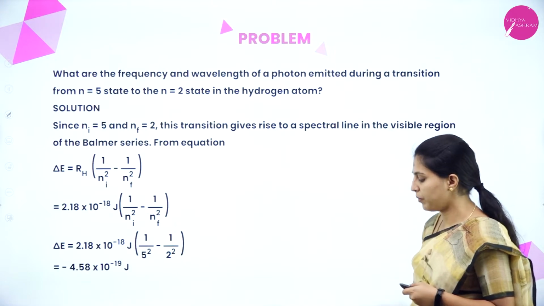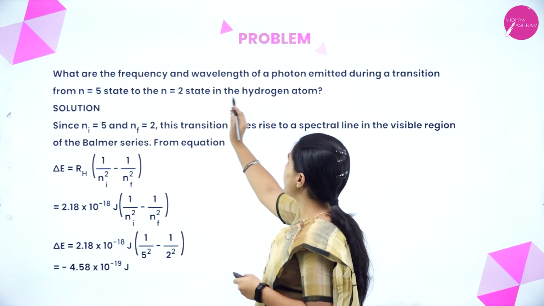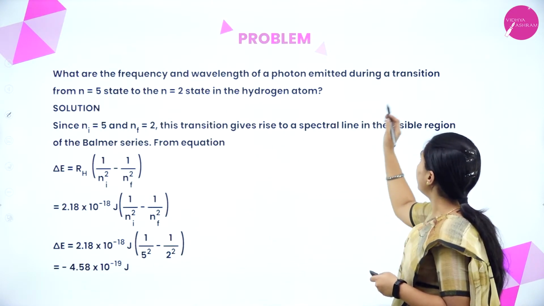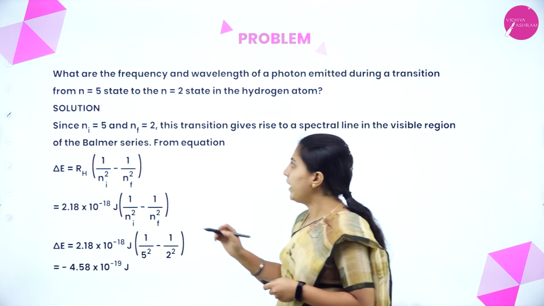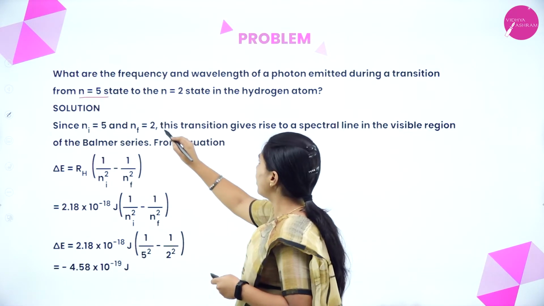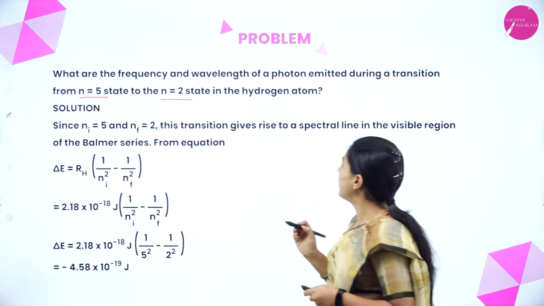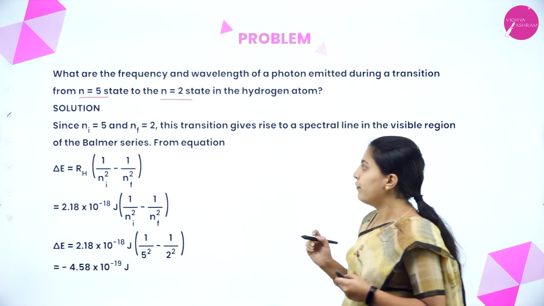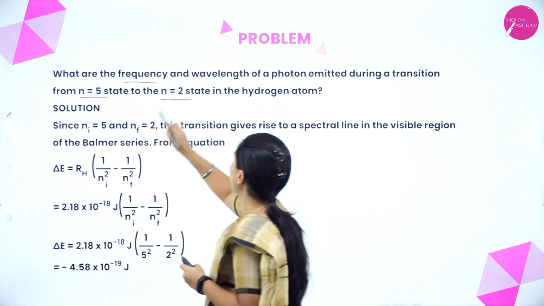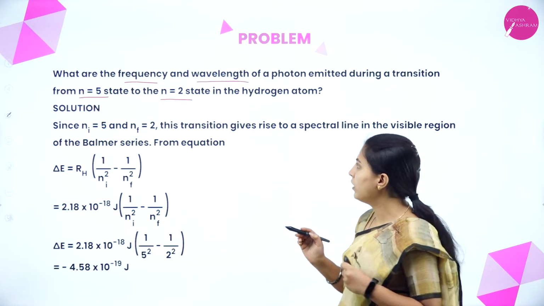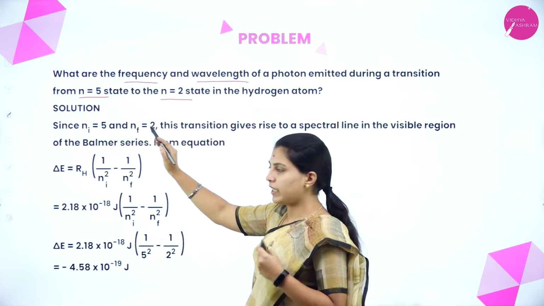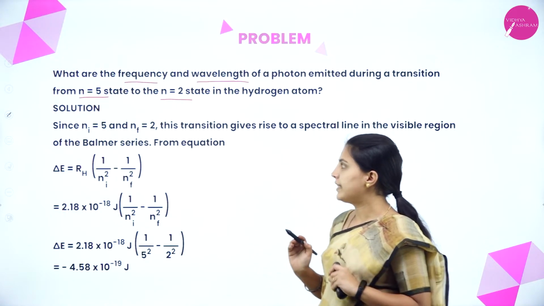We will see some of the problems here. What are the frequency and wavelength of a photon emitted during a transition from n equals 5 state to the n equals 2 state in the hydrogen atom? Here we need to find the frequency and the wavelength of a photon, and they have given the n5 energy level and the n2 state.